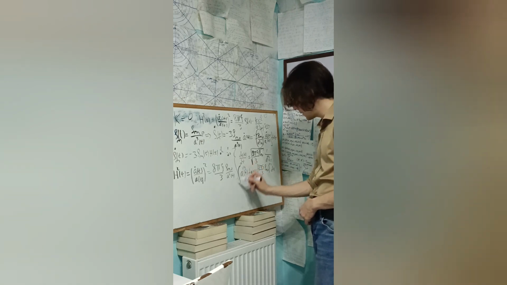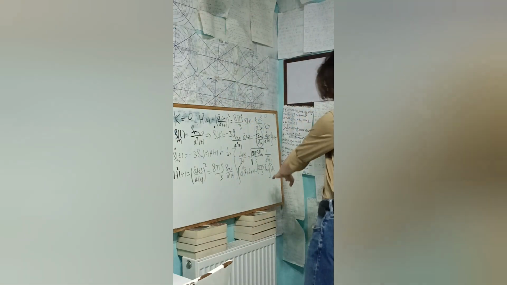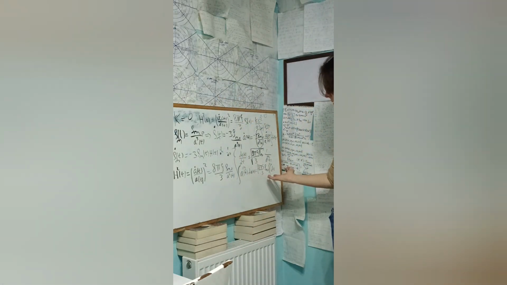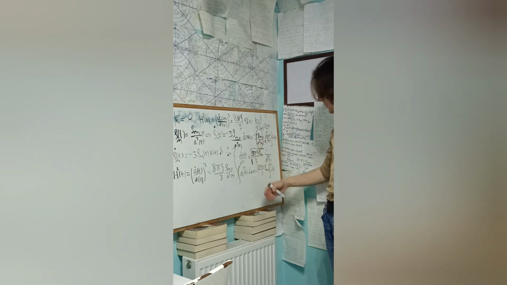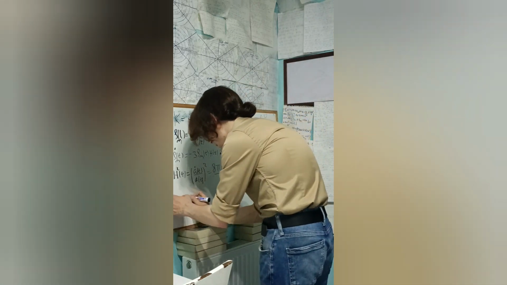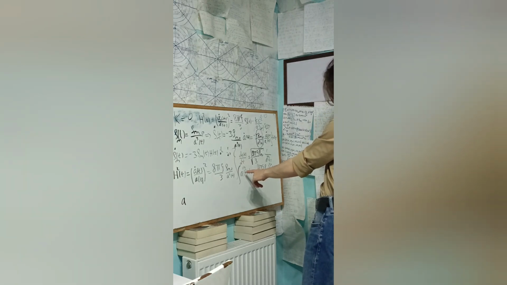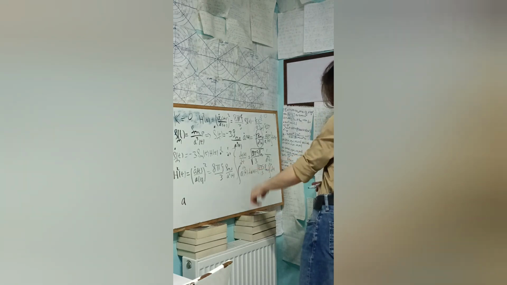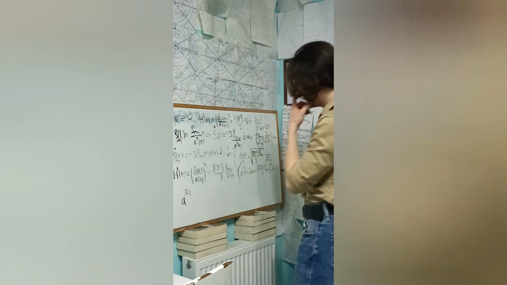I'm just integrating, and the result is, well, we assume the entire right-hand side is a constant. So a to the 3 over 2, right?